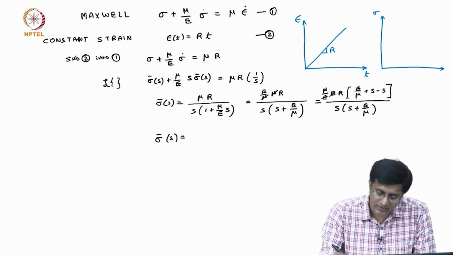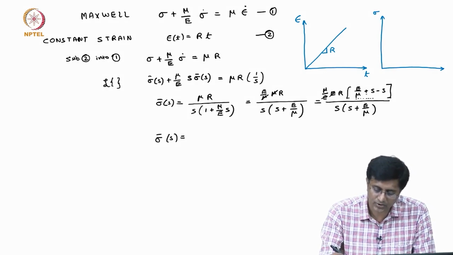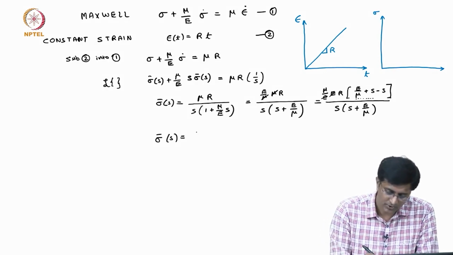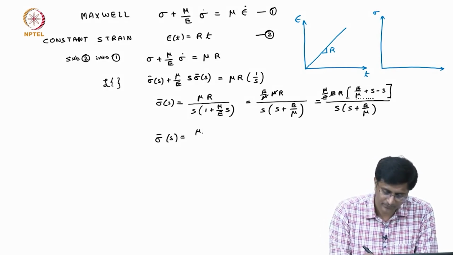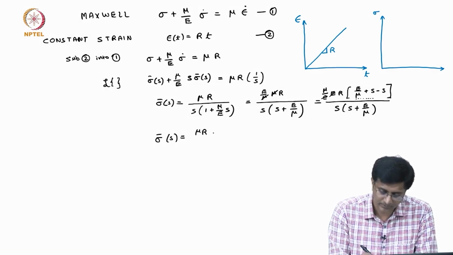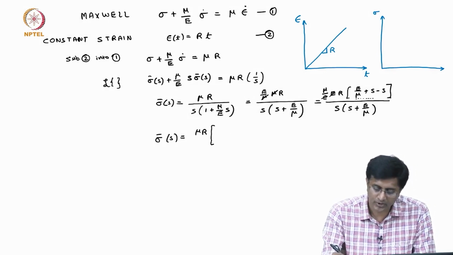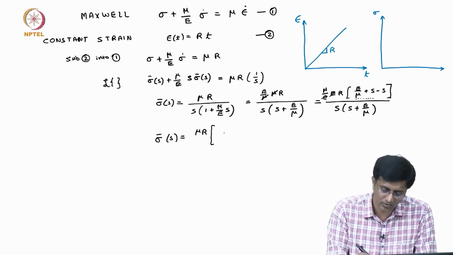Now, if I only consider the first two terms, E by mu plus s, it should give me mu r. In the numerator and denominator we have this s plus E by mu, they both cancel out, and what is remaining is 1 by s.